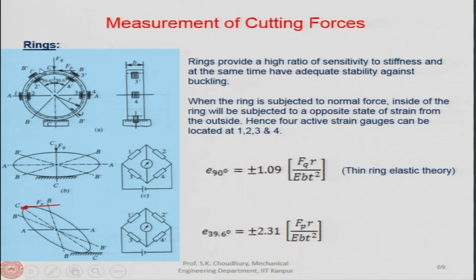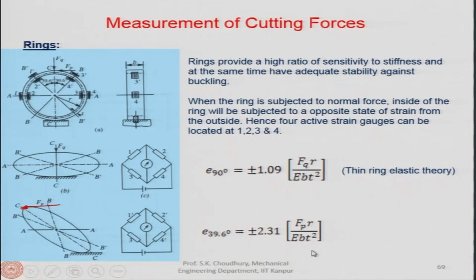At 39.6 degree, the coefficient is different, although the formula is the same, and the coefficient is 2.31 plus minus. Using this formula, the strain can be measured here and we will get a strain value.